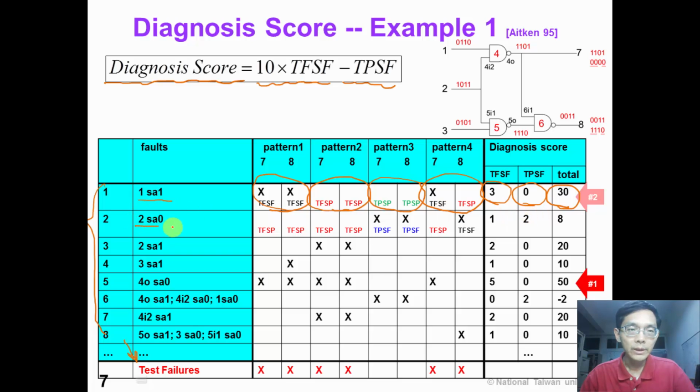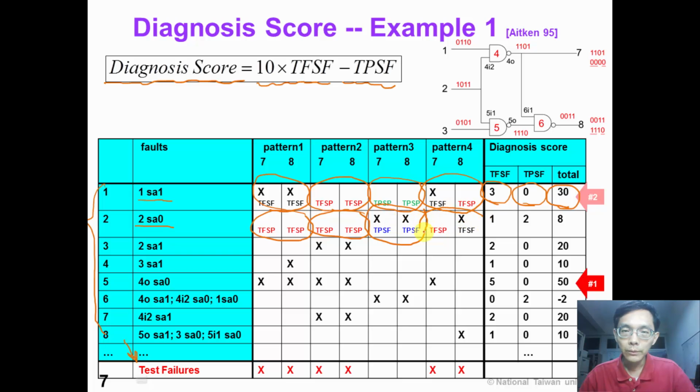We can do the same thing for the second fault. Input 2 stuck at 0. For pattern number 1 and 2, they are both TFSP. For pattern number 3, however, they are TPSF because the circuit passed the test on the tester, but we have simulation failure here.